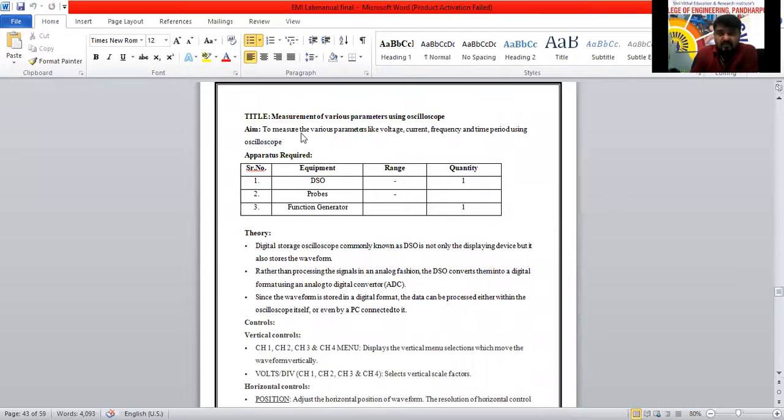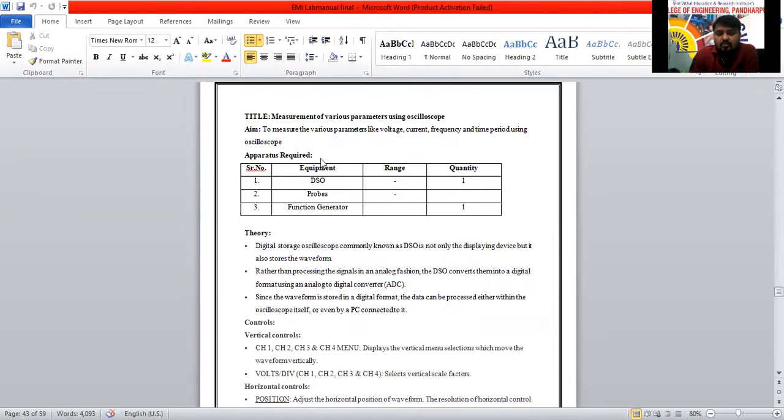So the title of the experiment is measurement of various parameters using oscilloscope. We can measure voltage, current, frequency, and time period by using the oscilloscope.